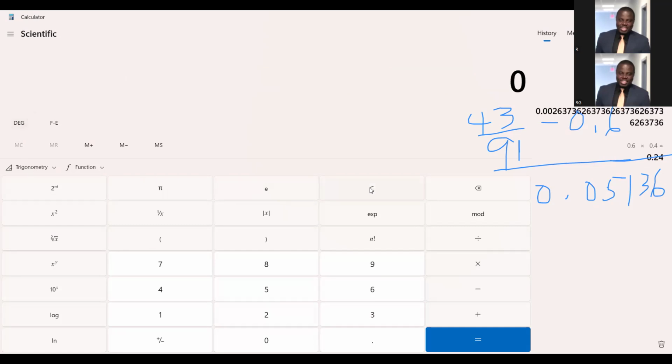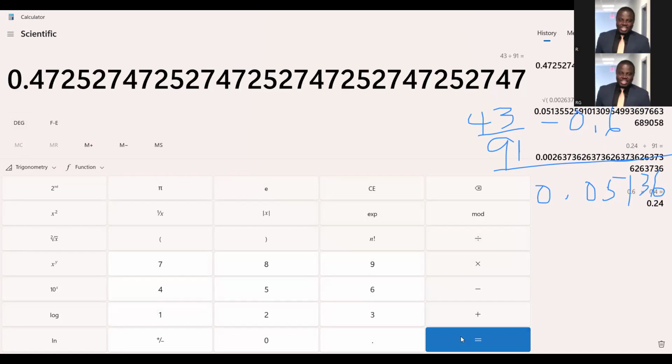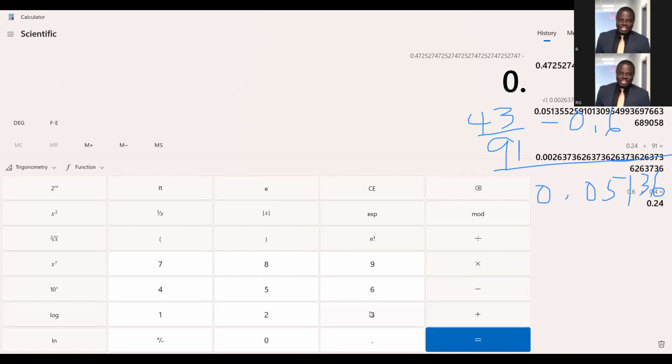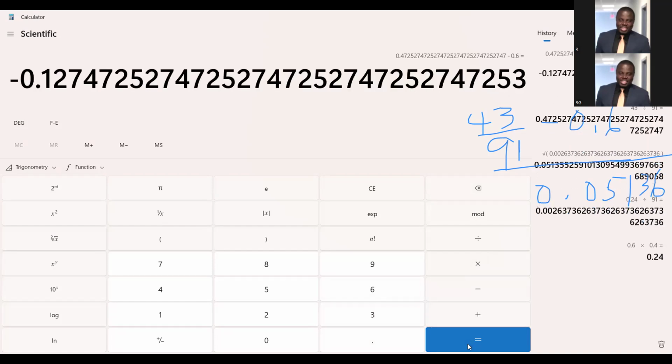If I go to the top, I have 43 divided by 91 minus 0.6. Okay, so I have a negative 0.1274722, and it keeps going.